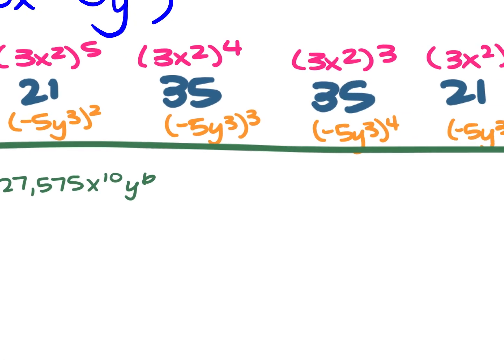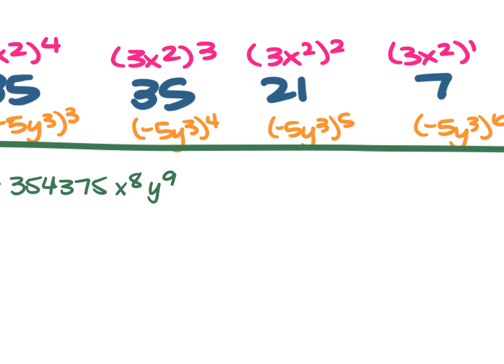Next, we have negative 5 to the 3rd power times 35 times 3 to the 4th power, which gives us a negative 354,375 x to the 8th, y to the 9th.